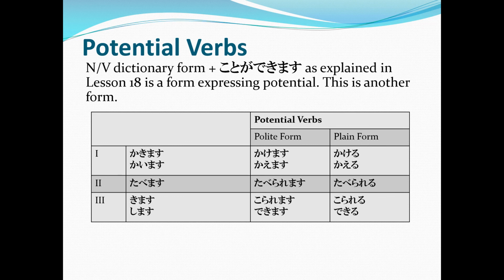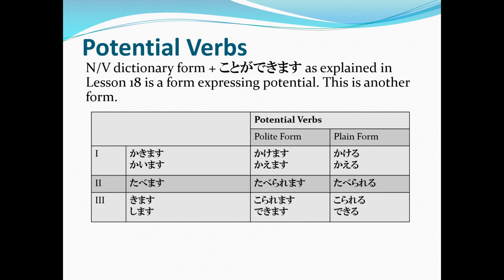Now, let's start off with kimasu, to come. To make it a potential verb in a polite form, it's special, of course, it's koraremasu. Again, kimasu, potential verb polite form is koraremasu, which means can come.